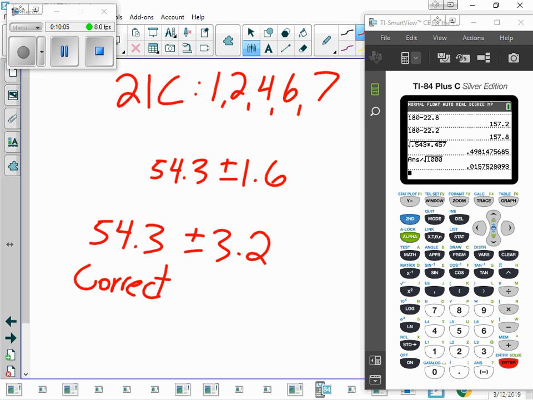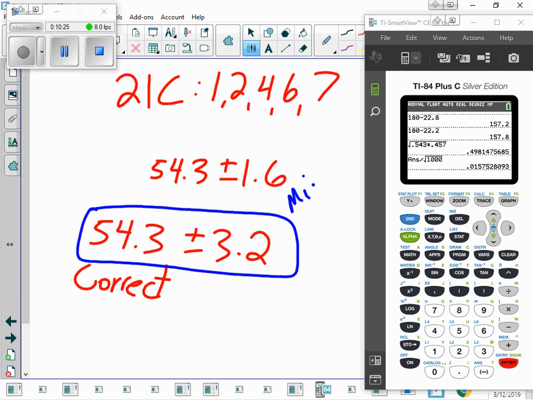7. If another survey organization takes a simple random sample, there is a 95% chance that the percentage of Democrats in their sample will be between 54.3 and 3.2. What does that mean? Well, this is my confidence interval. Okay. Megan says, I'm going to do my own.